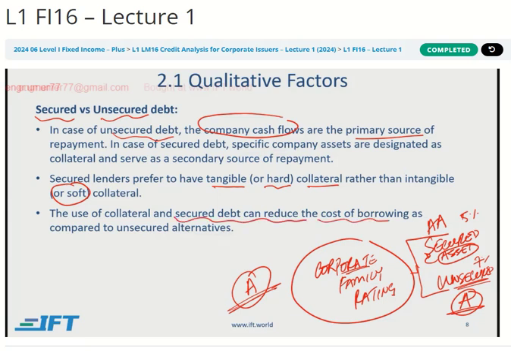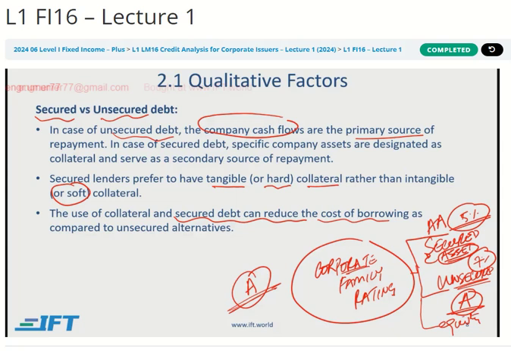So as a company, if you have some assets that you can give as collateral, then you can issue secured debt, which means the cost of borrowing goes down. But unfortunately, if you don't have those assets, then what you have to do is go for unsecured. But that is still going to be better than going for equity, right? Because if you sell shares, then you're sharing your profits. You're giving somebody part of your company.